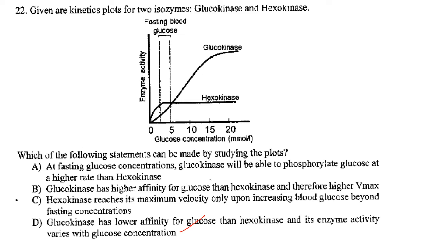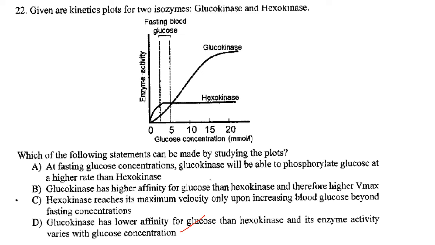Given are the kinetic plots of two isoenzymes, that is glucokinase and hexokinase. Which of the following statements can be made by studying the plots? At fasting glucose concentration, glucokinase will be able to phosphorylate glucose at a higher rate than hexokinase. Because hexokinase has got lower Km value than glucokinase.